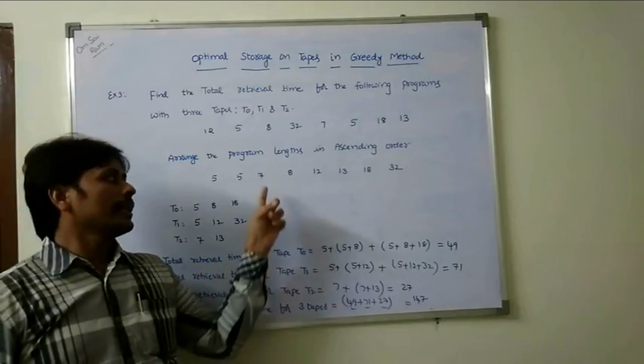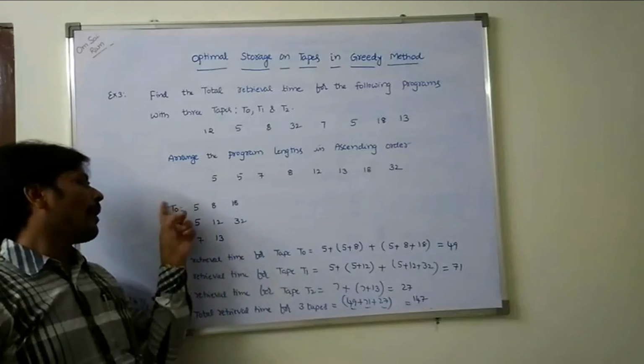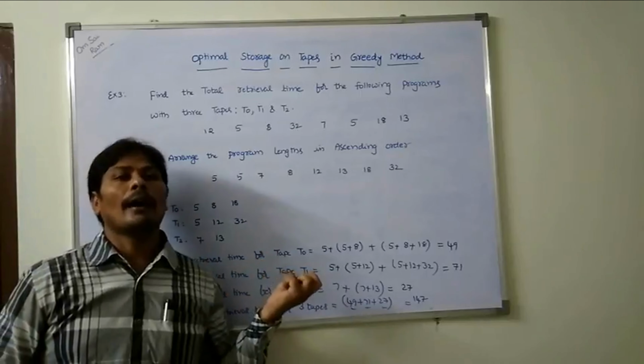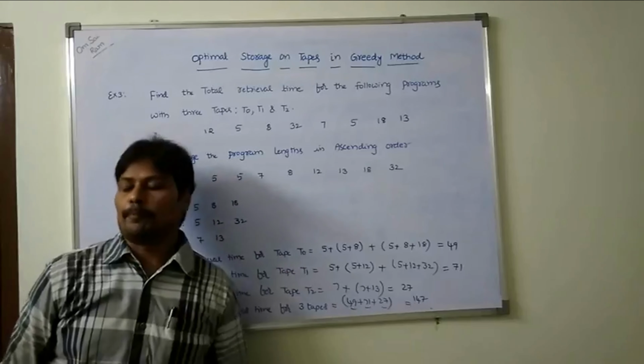How to assign these programs to T0, T1 and T2 tapes? This can be explained with the corresponding algorithm.